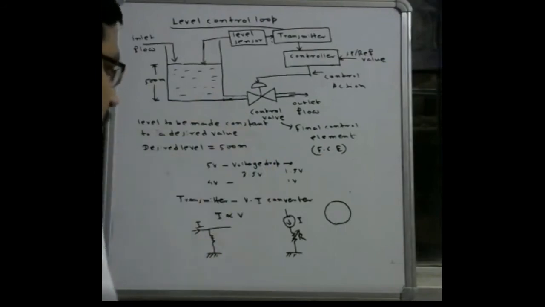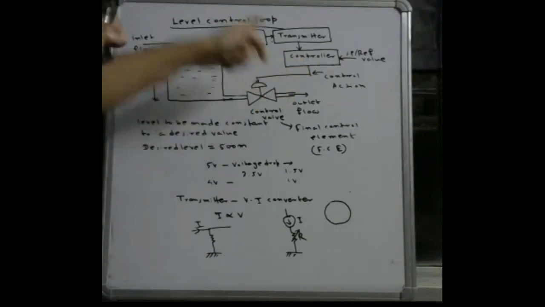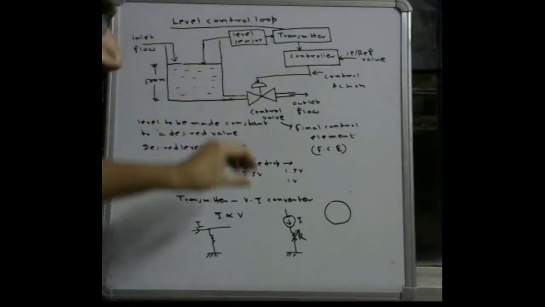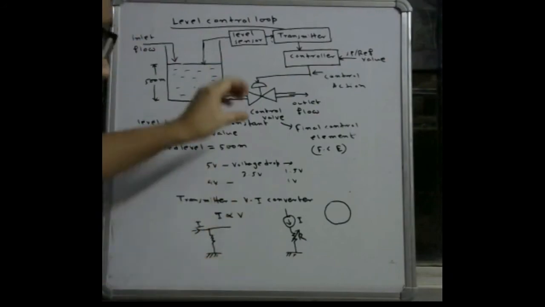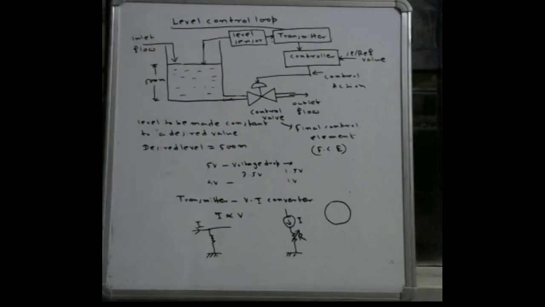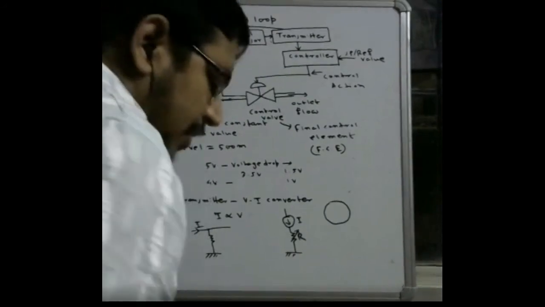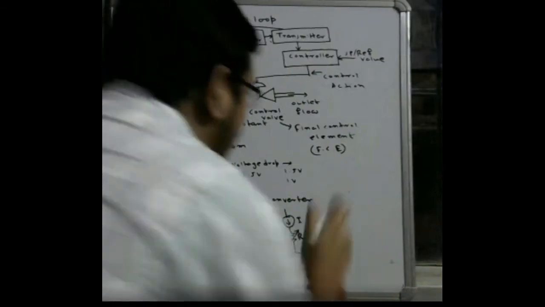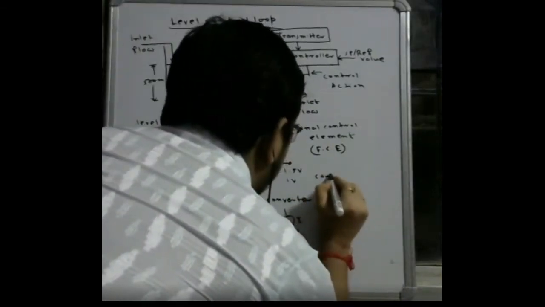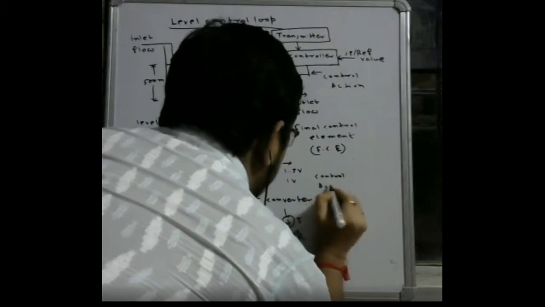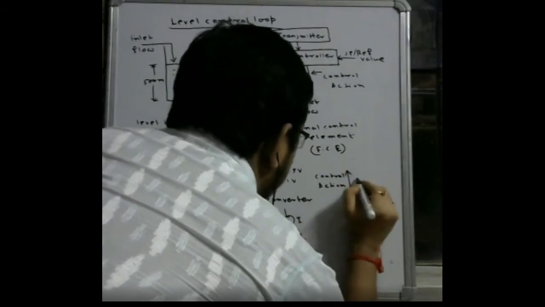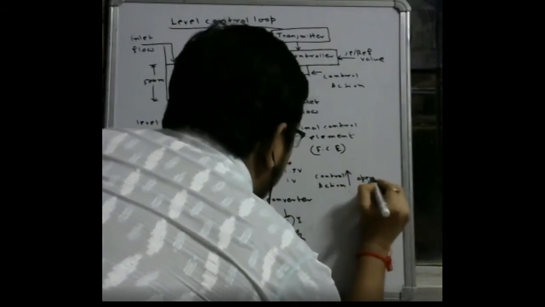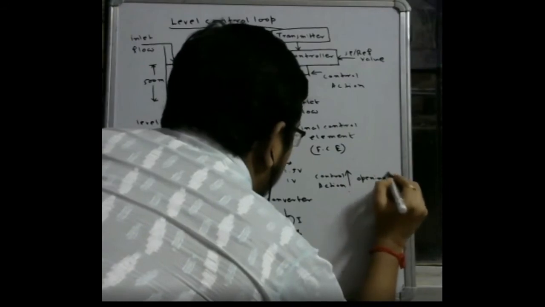There is another type of control valve, just opposite. That means if the control action is increased, then opening is decreased. If the control action is decreased, then the opening is increased. Just opposite of this. That means one type of valve is this one: if control action is increased, opening is increased.